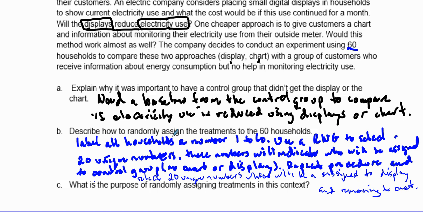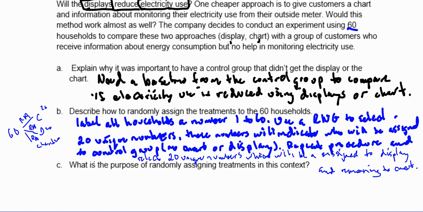And that's what we do. So that's a random assignment. Essentially we have these 60 people, and we randomly assign the first 20 to control, then another random assignment to displays, and the remaining to charts. So it'd be 20, 20, and 20, which makes up 60 participants all being randomly assigned.